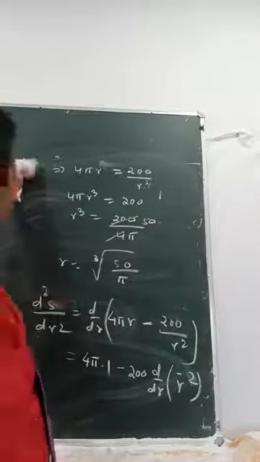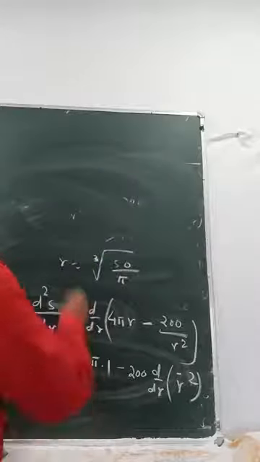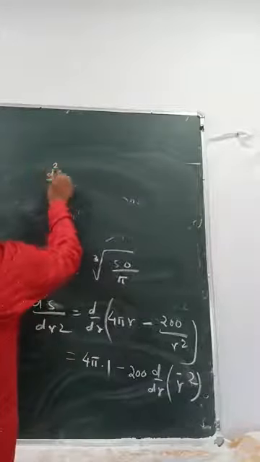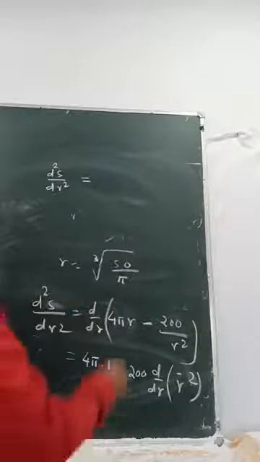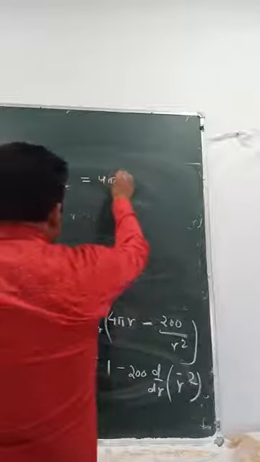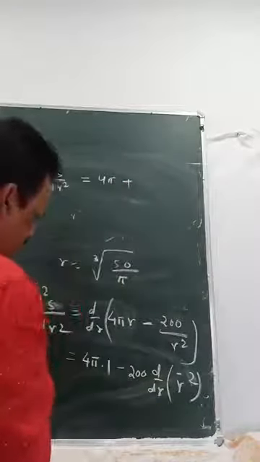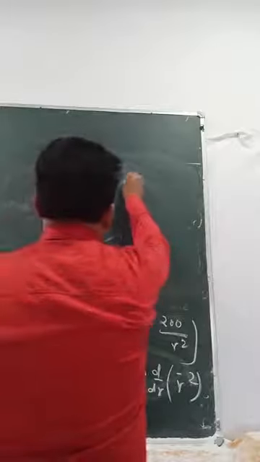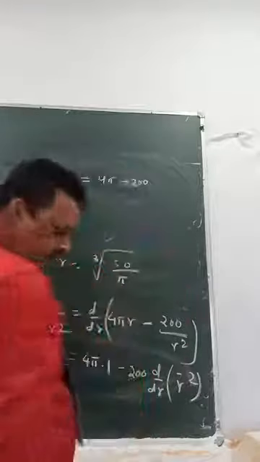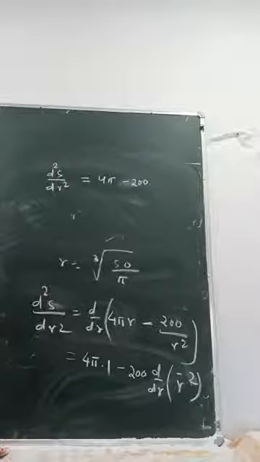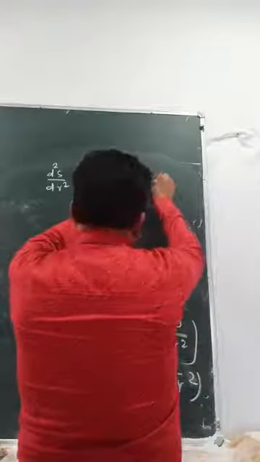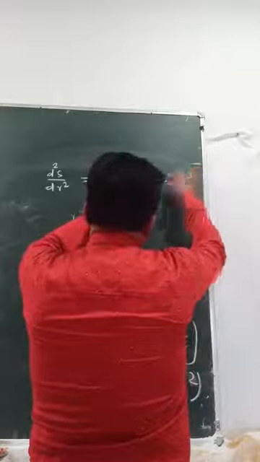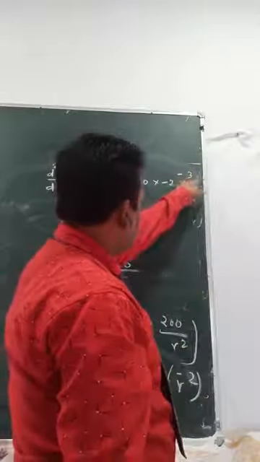So d square s by dr square is 4 pi plus 200 into minus 2 r to the power n minus 1. Minus 2 minus 1 will be minus 3.